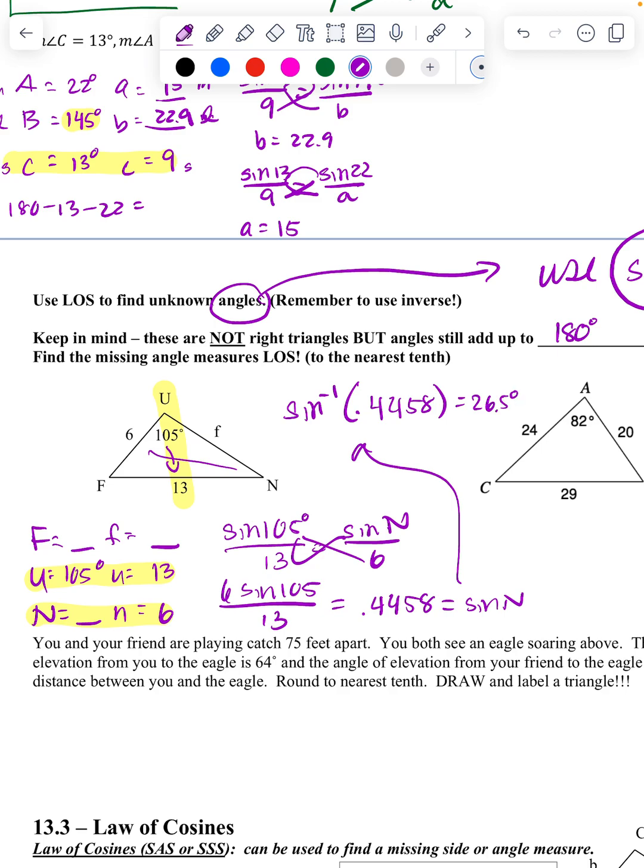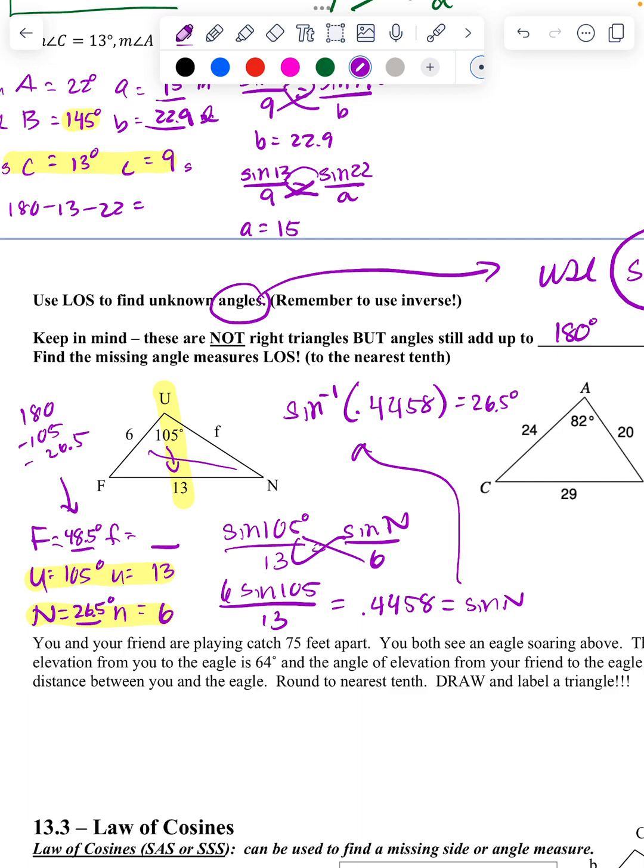And so I end up with an angle here of 26.5 degrees. Okay, now the way to find this is to take 180 minus 105 minus 26.5, and I end up with 48.5. So once I have 2 of them, I can still find the third one by subtraction.